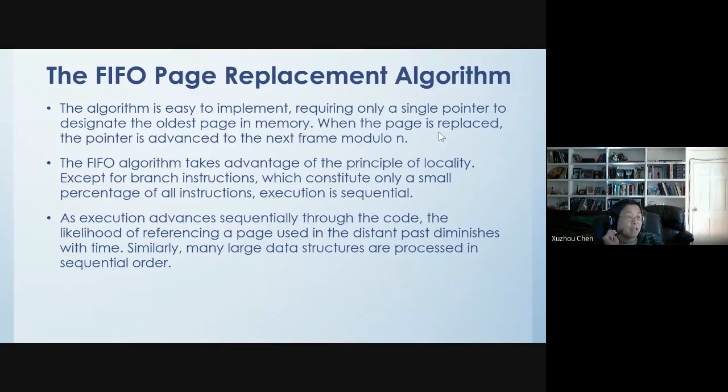The FIFO algorithm takes advantage of the principle of locality, except for branch instructions. The branch instruction is really not predictable because if you have an if statement or a while loop, you're going to jump back and forth.